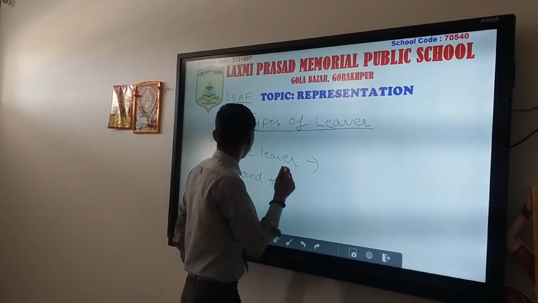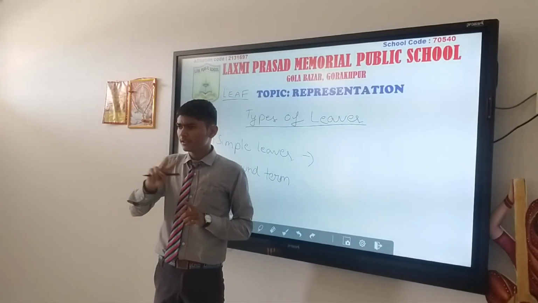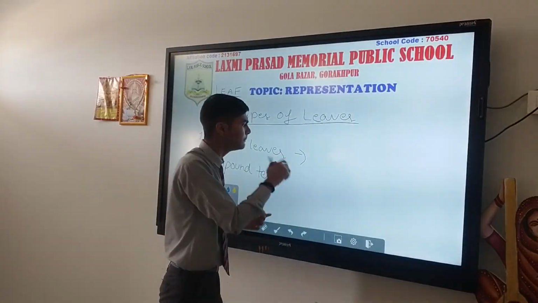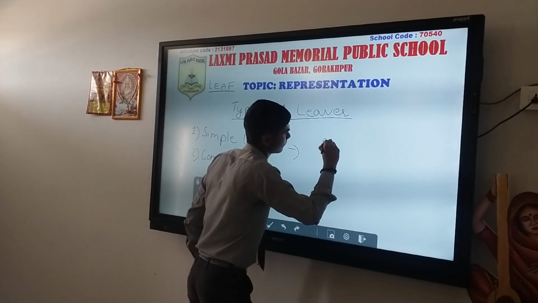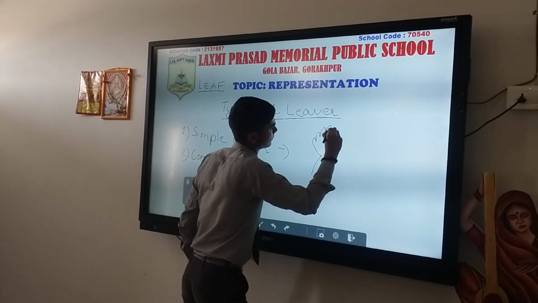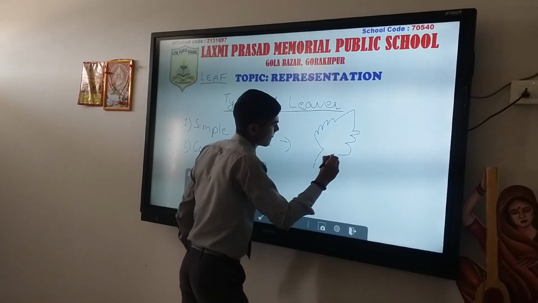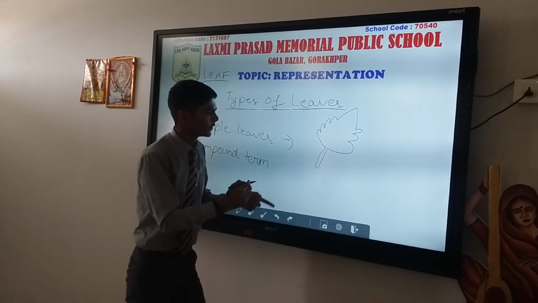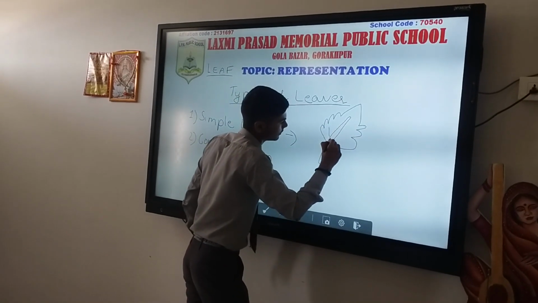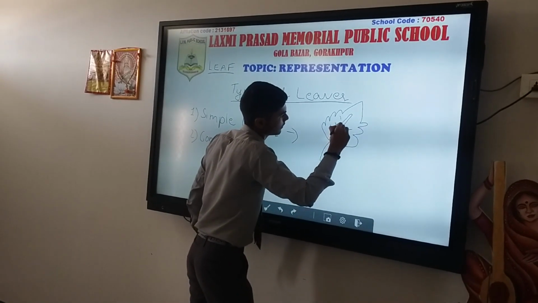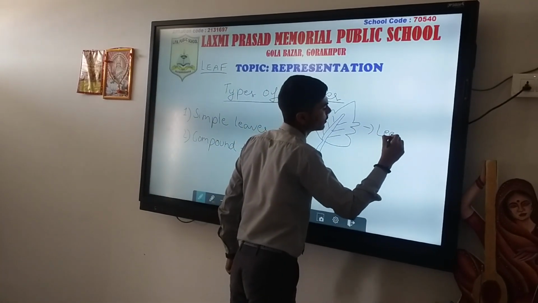In biology, simple leaves are leaves which have a single leaf blade. Look here, this is the midrib, these are the veins, and this is our surface that is known as leaf blade or lamina.